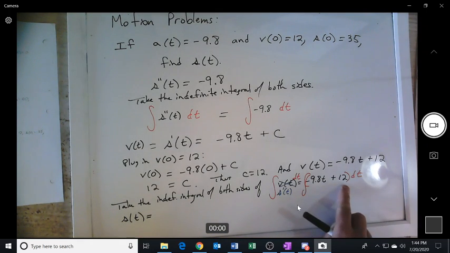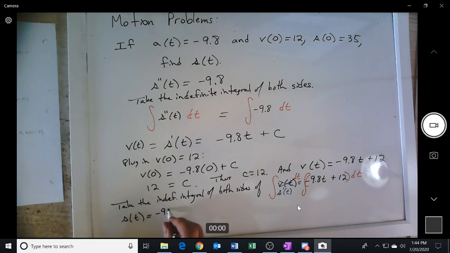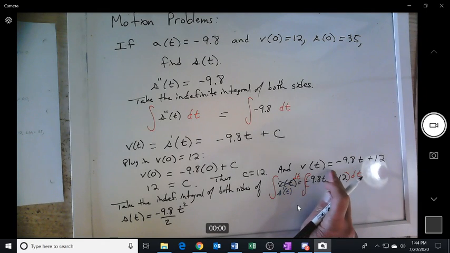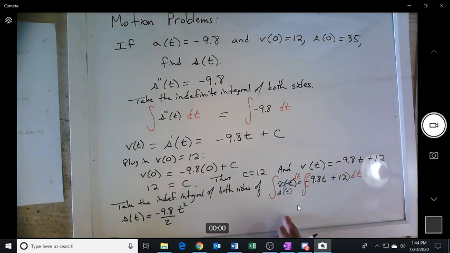When I take the antiderivative of this right-hand side, I'm going to get negative 9.8 t squared over 2, power rule with the t, plus 12t, plus an arbitrary constant once again.